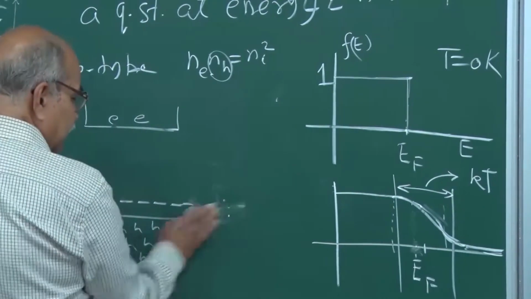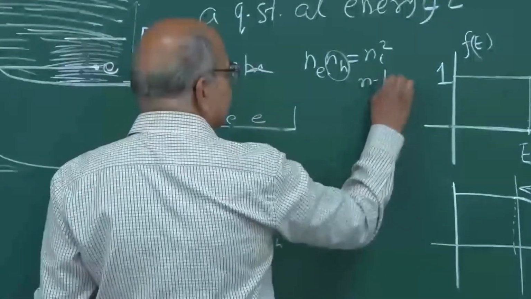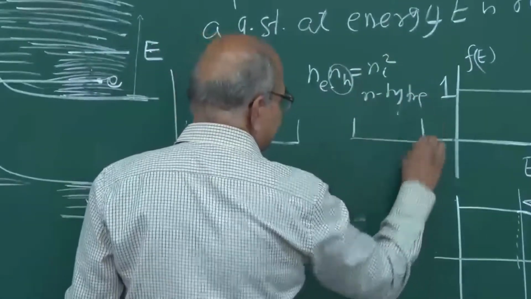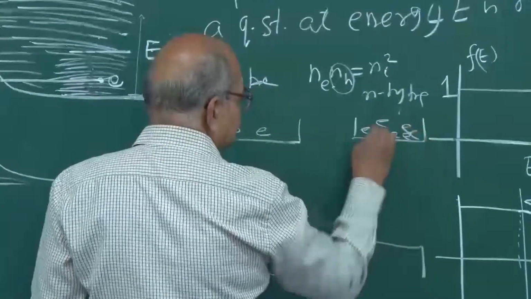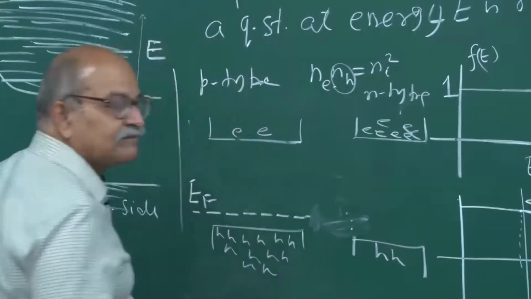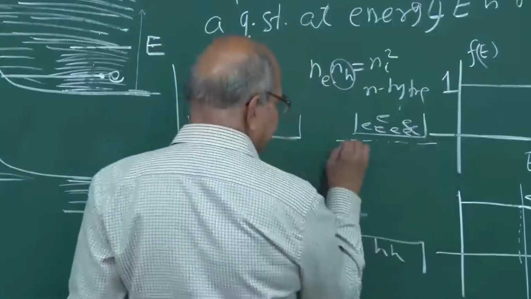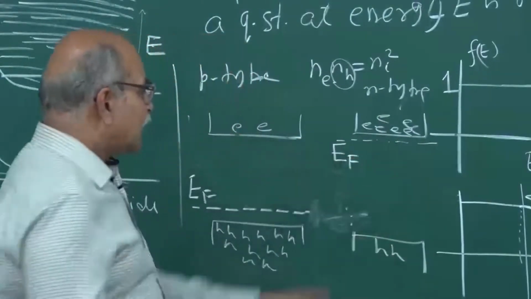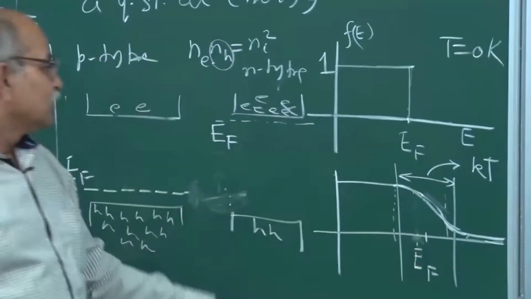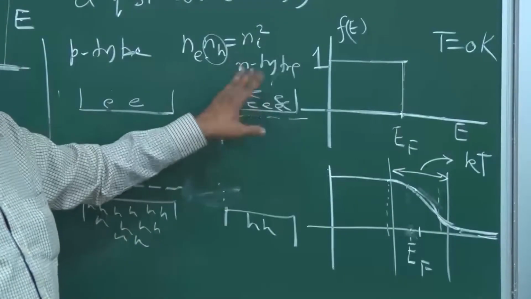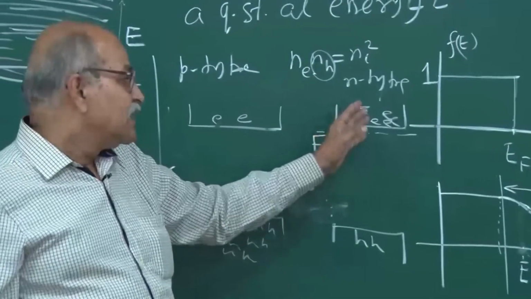Whereas if you have n-type semiconductor, what happens? In n-type semiconductor, you have lot number of electrons, conduction electrons, and very small number of holes. So here the Fermi energy is close to this EC, so that you are close to Fermi energy, slightly above that, so the probability of occupation of these quantum states by electrons is quite sizable.